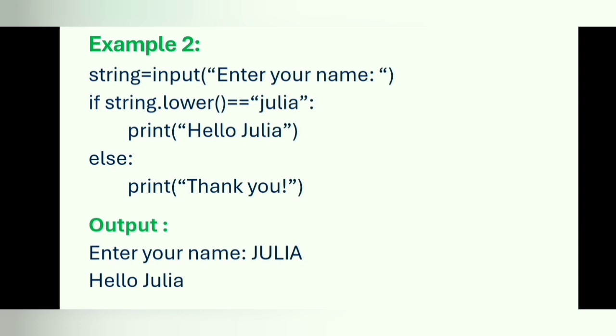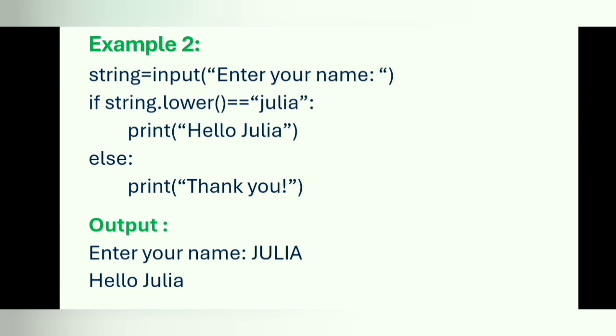Example 2. This is a small program to explain how the string lower method is useful to make a case insensitive comparison. In this program, it does not matter whether the user types the name Julia in lowercase or uppercase or a combination of both, because the string is converted to lowercase.